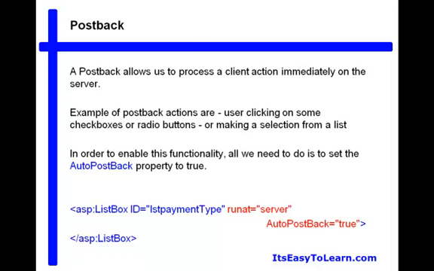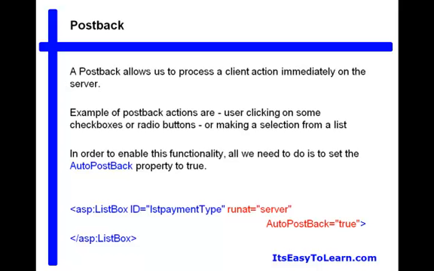In a typical web application, whenever there is a checkbox or a radio button and we make some selection, the page has to change. For example, let's say you're filling up a questionnaire, and depending on the age of the person or the occupation, you have a different set of questions.